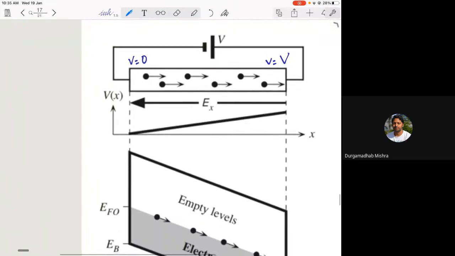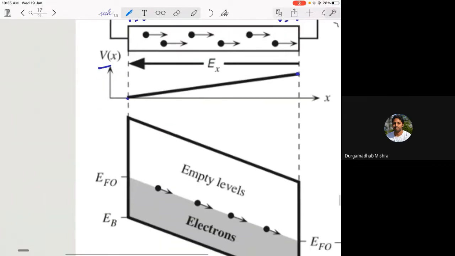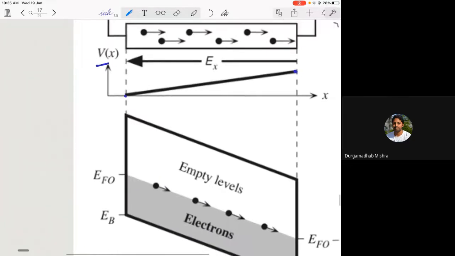So this is what is shown here in the graph. We are plotting the potential along the x-axis, and the potential, or the energy of the electron, will be 0 on this side and maximum on the other side. And what is that in terms of the band structure?